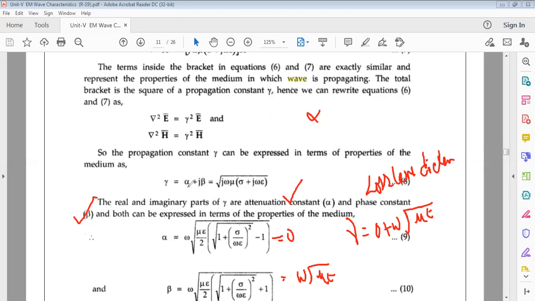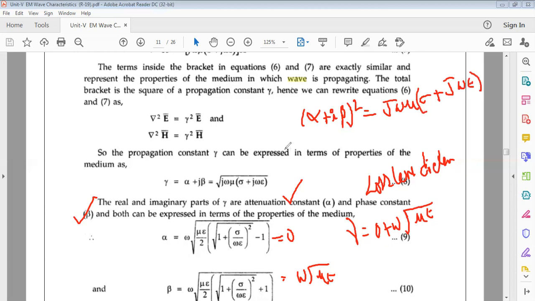permittivity. So taking the square on both sides to get the alpha and the beta, (alpha plus j beta) whole square is equal to j omega mu sigma plus j omega epsilon.